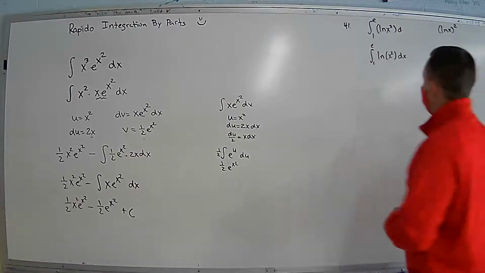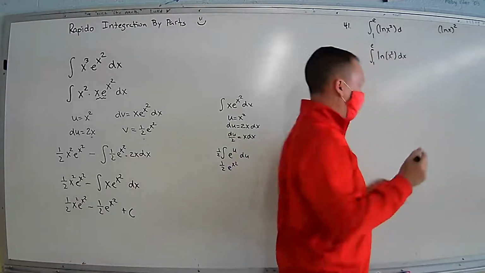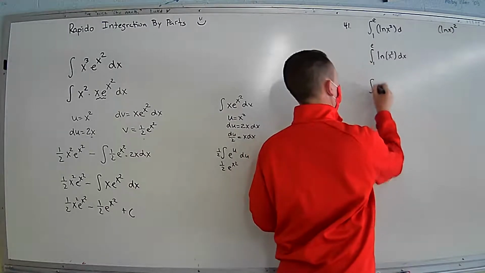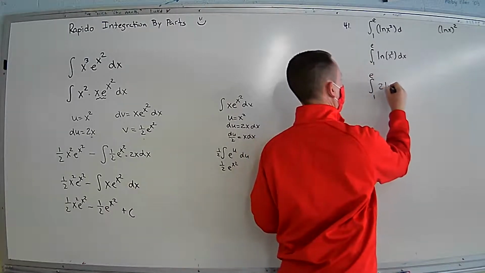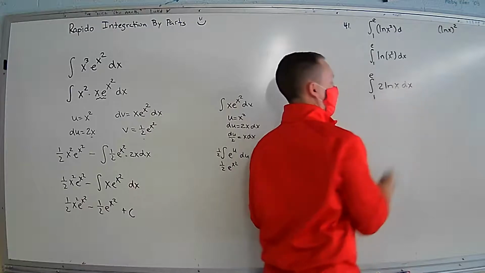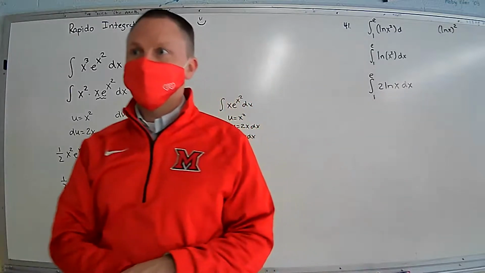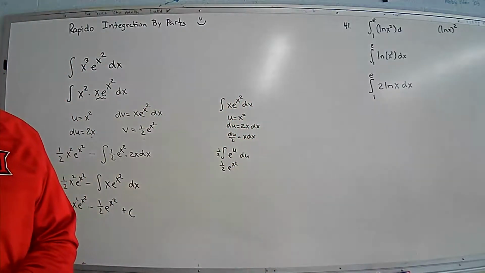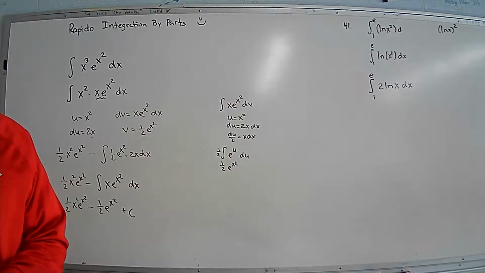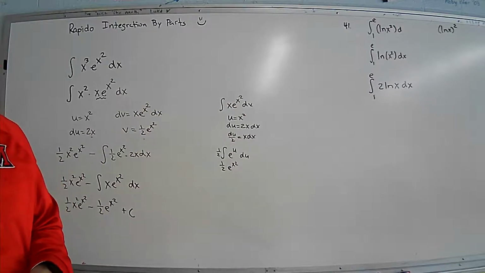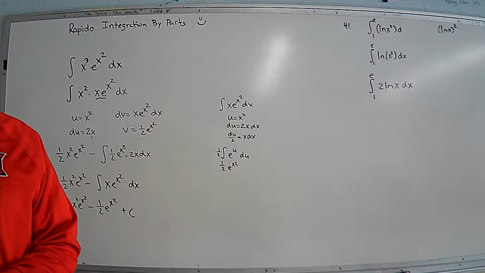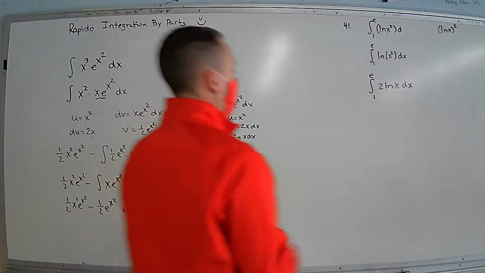So I think the first step of this, Ellie, is going to be to use the property of logarithms. It makes this a little easier. The log of x squared is the same as 2 log of x. Right? So I can take the 2 out.